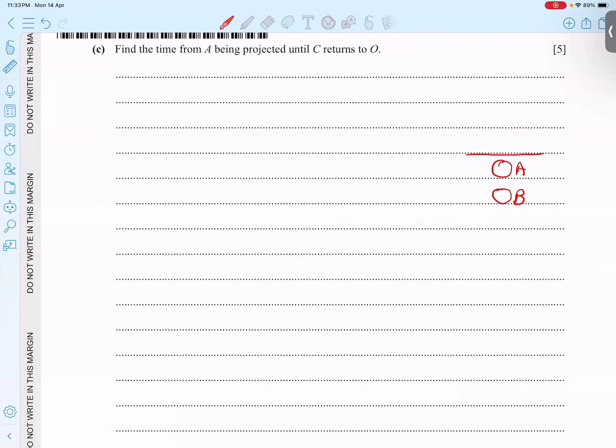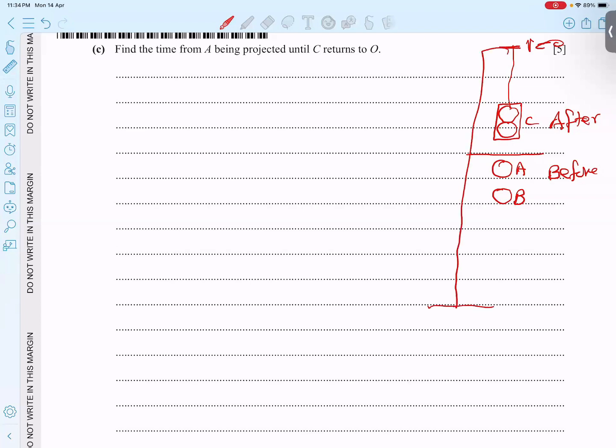After collision, they will behave like one body together, coalesced, and this I count as C. This is just before collision, and this is just after collision. And you know what happens, students? After colliding, this will go slightly up, stop at a peak, and then fall down and reach the ground.